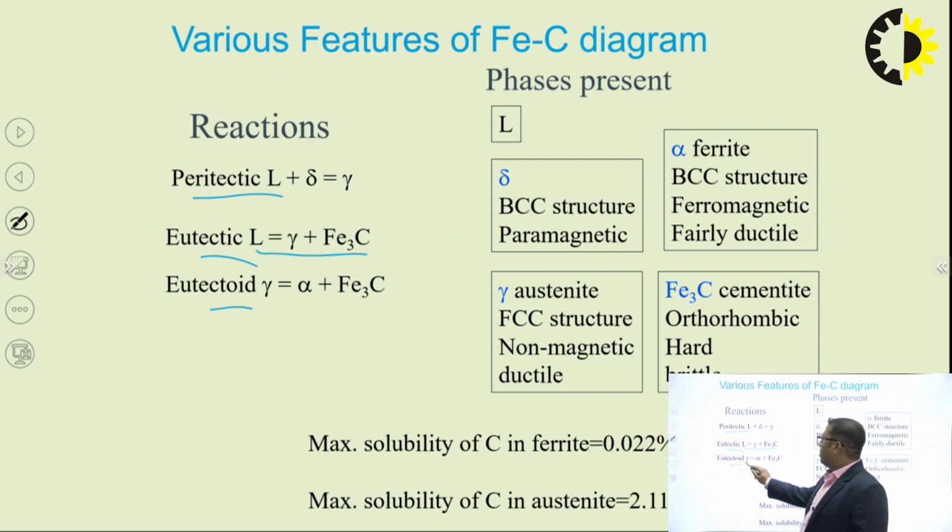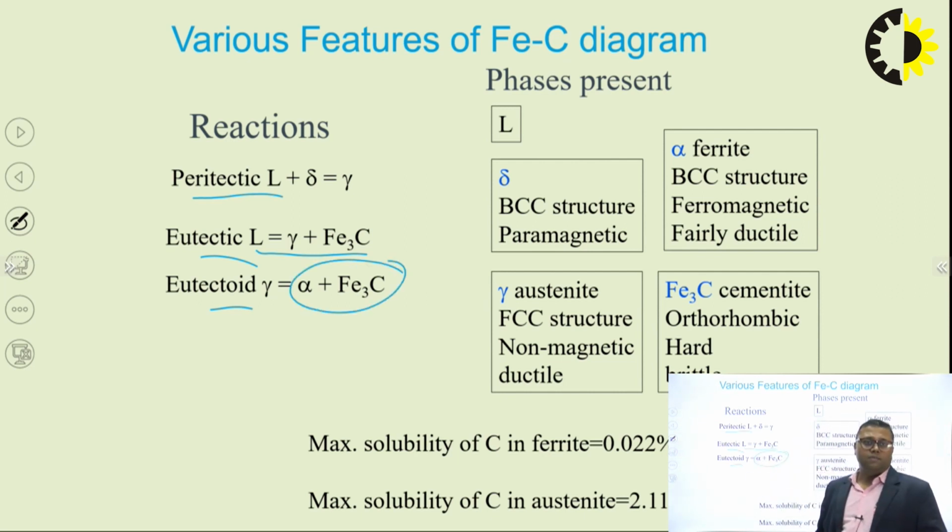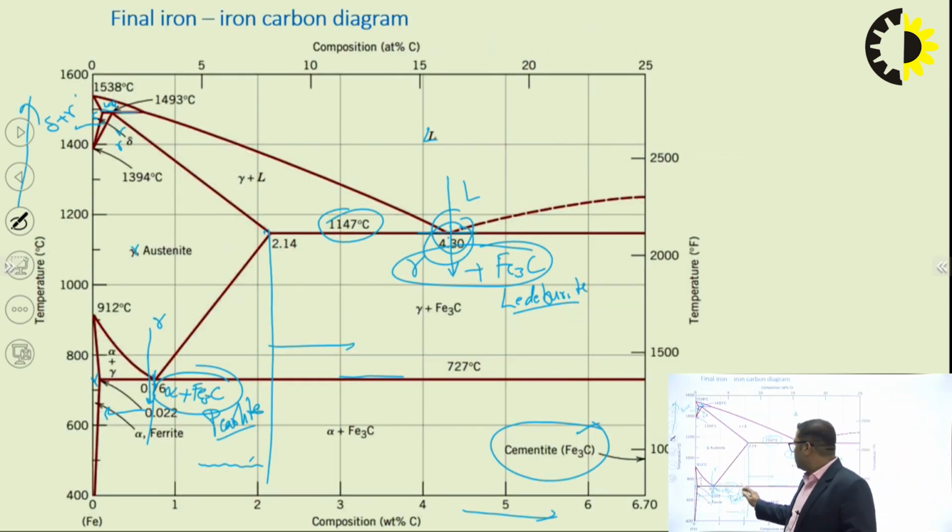Similarly, eutectoid reactions are those reactions in which the gamma phase converts into the pearlite phase. The pearlite phase consists of alpha plus Fe3C, and this generally occurs at around 727 degrees centigrade, and the carbon percentage is 0.76%.